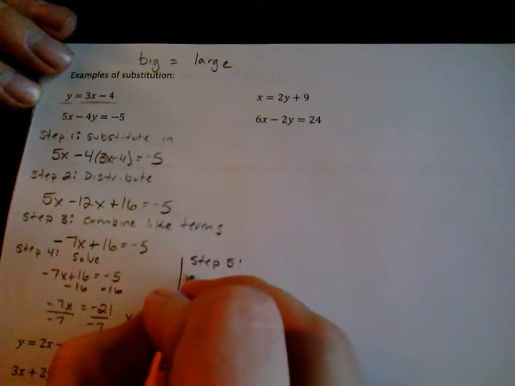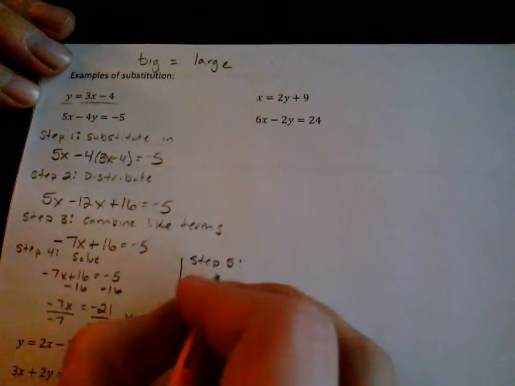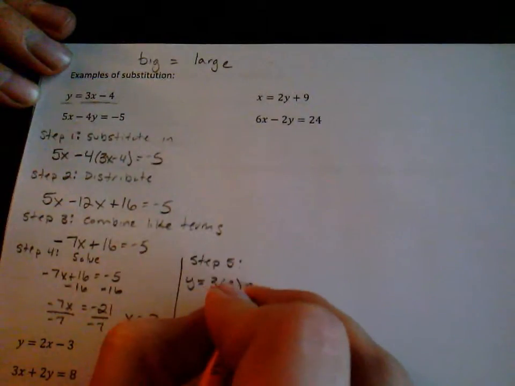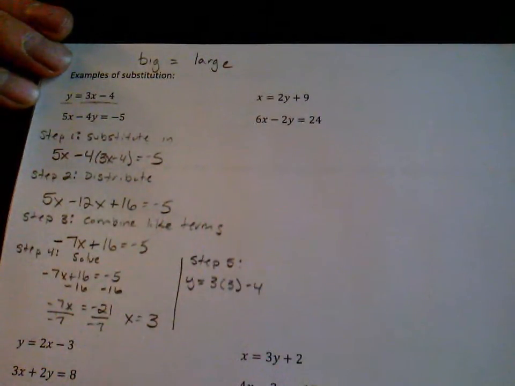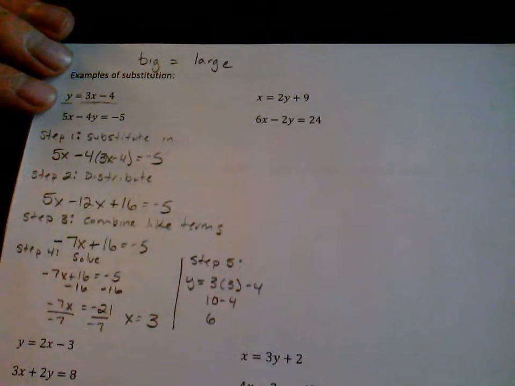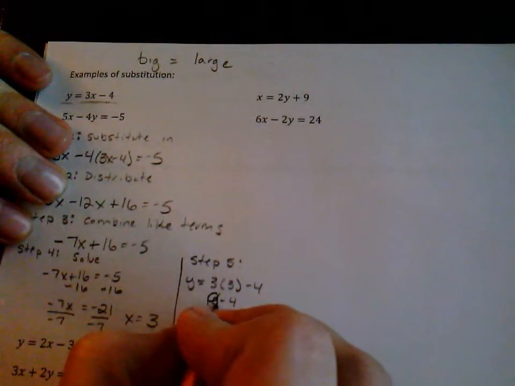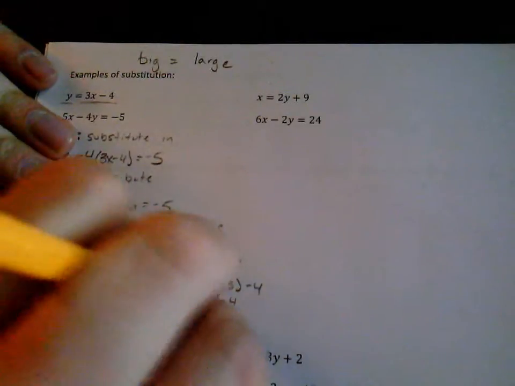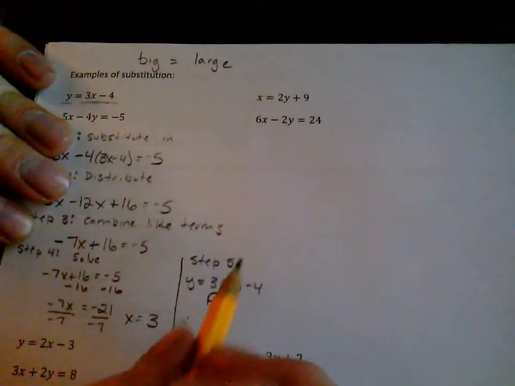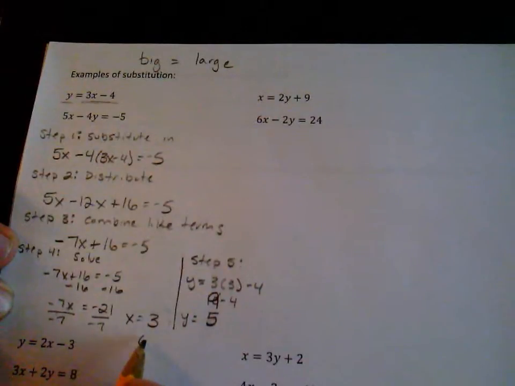So I'm going to take y equals, instead of writing x, I'm going to write another 3, so it's going to be 3 times 3 minus 4. 3 times 3 is, I'm sorry, 3 times 3 is not 10, it's 9 minus 4. I don't know what I was thinking there. It's 5. So the answer is y equals 5, x equals 3, or we just write the parentheses (3, 5).